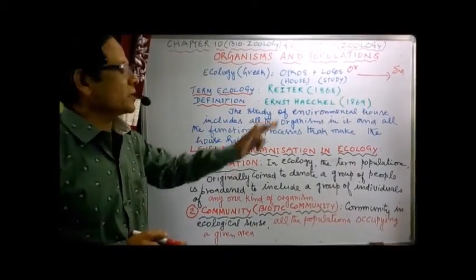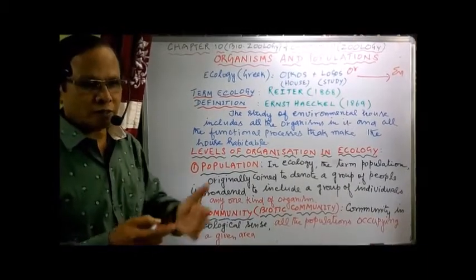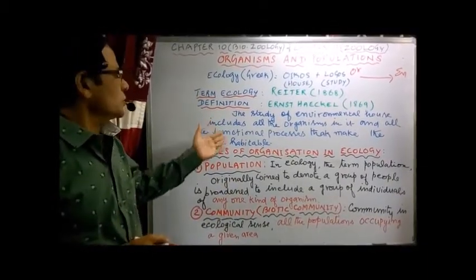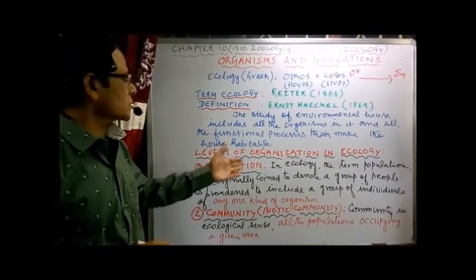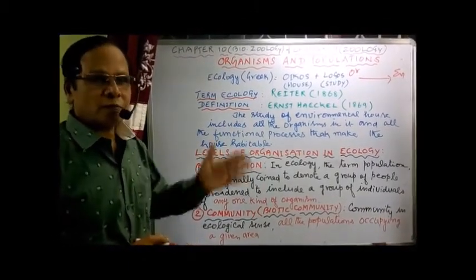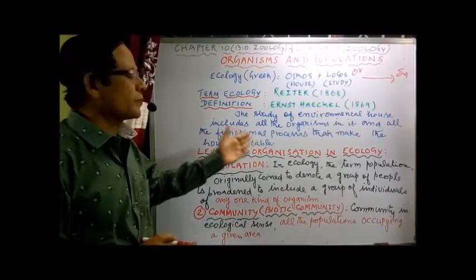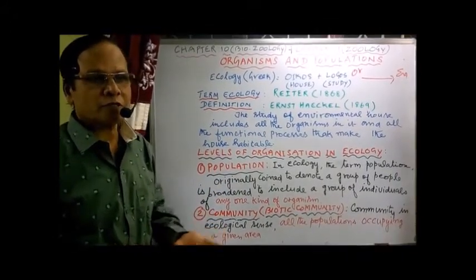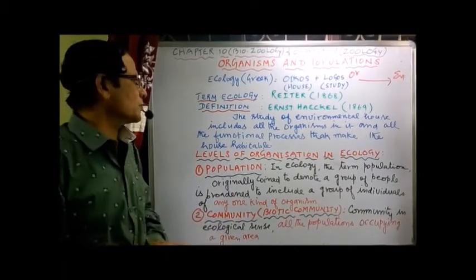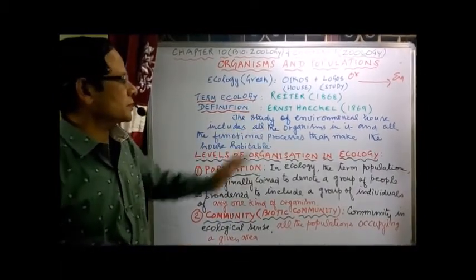Now we have the definition as per the book. The study of the environmental house, that is the living place, which includes all the organisms in it and all the functional processes that make the house habitable. Making the house habitable means making the house suitable for living. This is the definition as per the book.